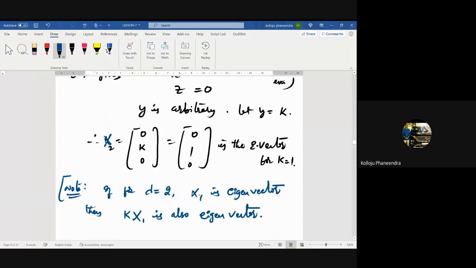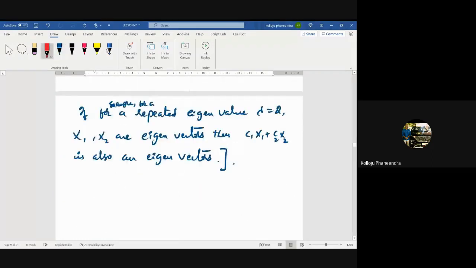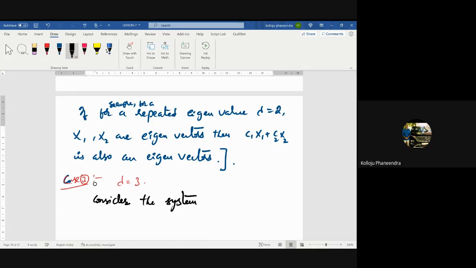Now coming to third case, case 3, lambda equal to 3. Consider the system (A minus lambda I) x equal to 0. That implies (A minus 3I) x equal to 0.